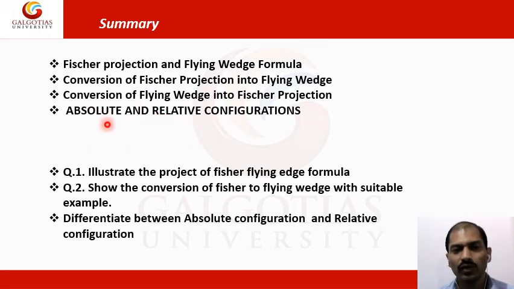Absolute configuration is the original, actual arrangement of the molecules, groups or atoms in a particular molecule, with respect to, say, a central carbon, and how the different atoms or groups are attached to it.